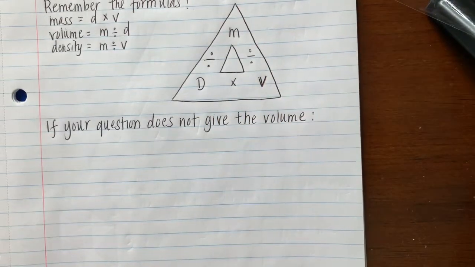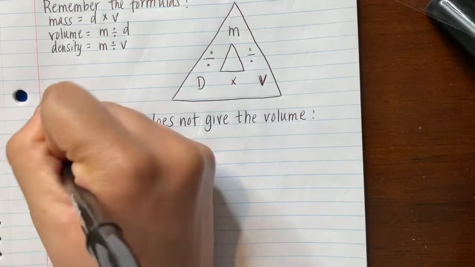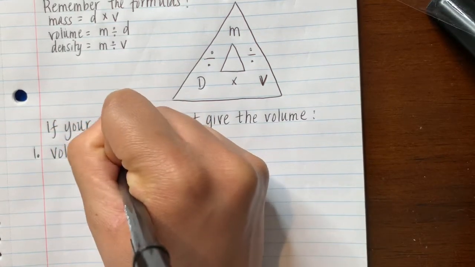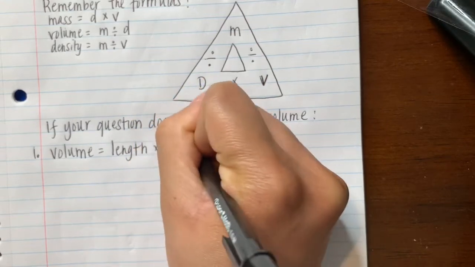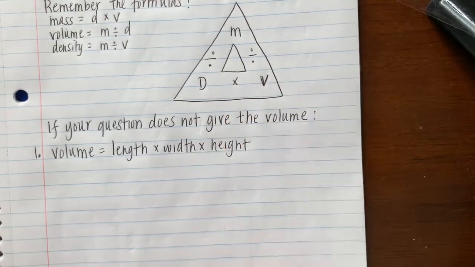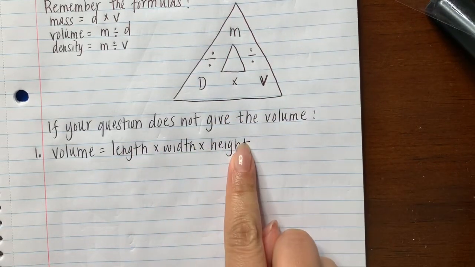Now the formula for that, there are two formulas. The first one is volume equals length times the width times the height, because it's cubed. So there are 3 units that you have to multiply in order to get volume.